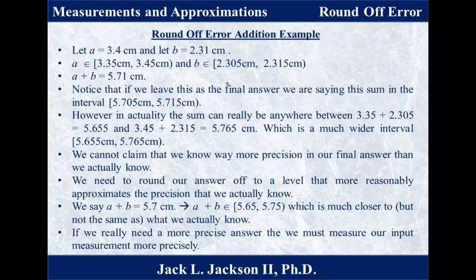But compare that to what we have up above, and that's actually quite a bit wider interval than what we would indicate if we just had 5.71 centimeters. So when we say 5.71 centimeters, we're actually claiming that we know this much more precisely than we really do. We cannot claim that we know that much more precision in our final answer than we actually know.